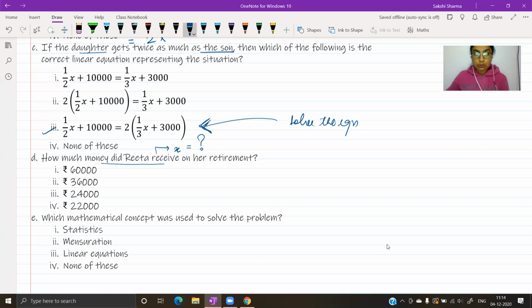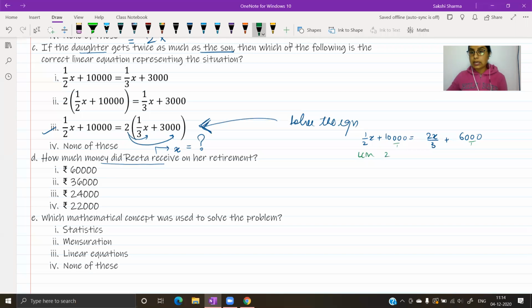So be careful when you solve. You have half X plus 10,000. On the right hand side, I'm going to apply the distributive property. Now you are dealing with fractions. I hope you remember what we do when you have fractions in your equation. You can either take the LCM on the 2 sides separately, simplify, cross multiply, or you can take the LCM throughout.